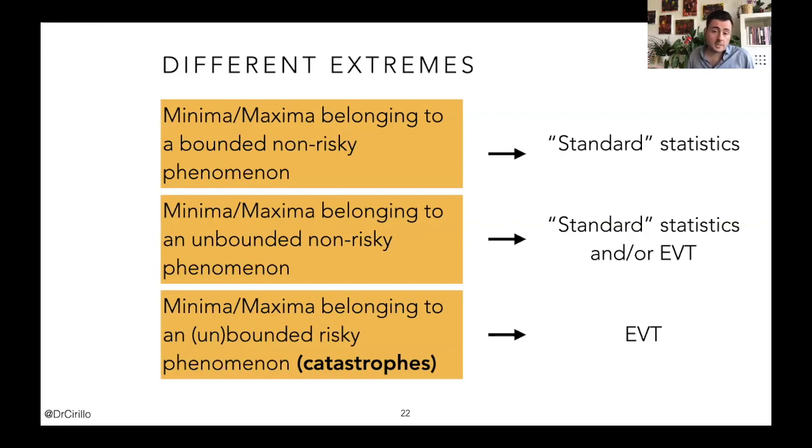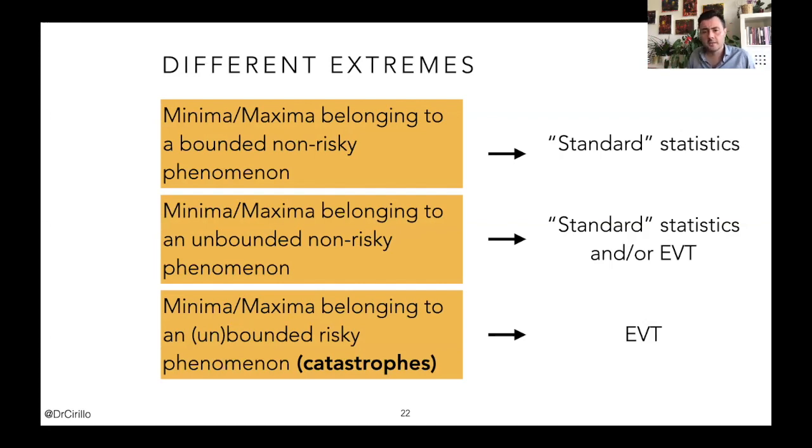But then you know that this cannot be the case, because if we are considering wars, we are considering the human population, there is no single war that can kill the entire human population. Or even more, there is no single event that can kill more than the world population. So there is an upper bound. And the fact that there is an upper bound immediately tells us that the moments of the distribution need to be finite, because if there is an upper bound, moments are finite by definition.